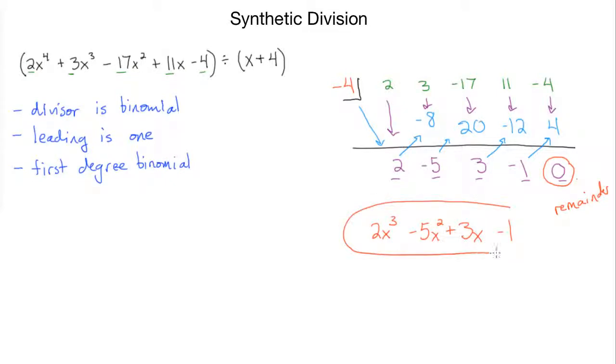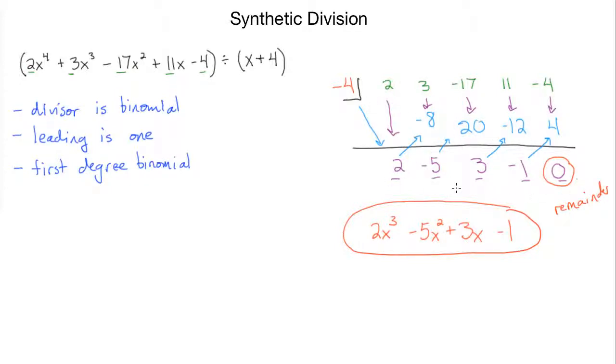And there is our quotient. So 2x to the fourth plus 3x cubed minus 17x squared plus 11x minus 4, if I divide that by x plus 4, I get a 4-term polynomial, and this is what it equals. This is my quotient right here. And we used synthetic division to set it up and figure all that out.